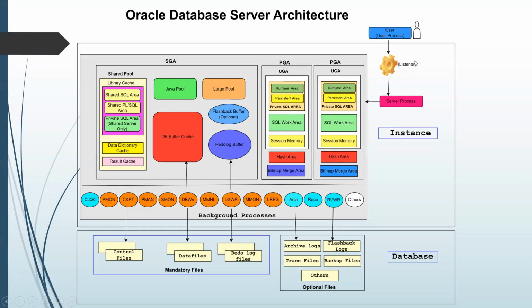All the users who want to connect to the database have to be verified, and their credentials have to be validated. That is the job of the listener process, which runs on the database server.